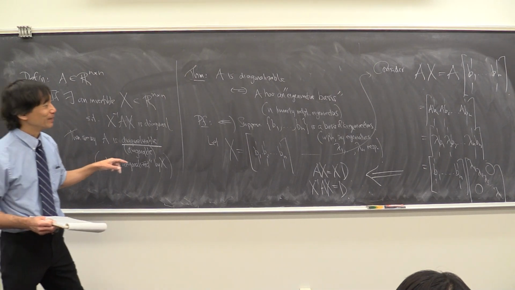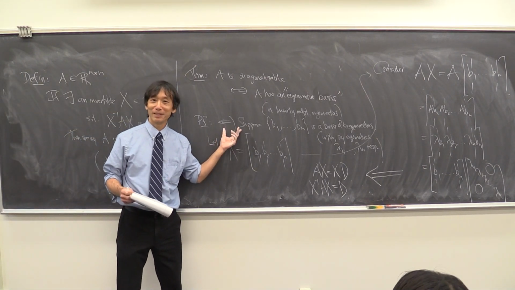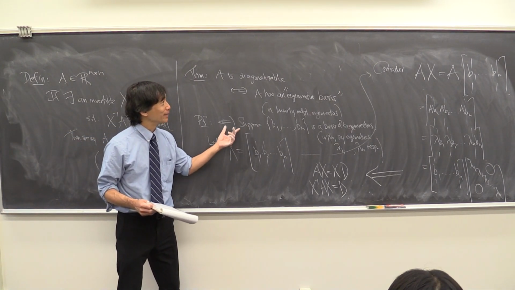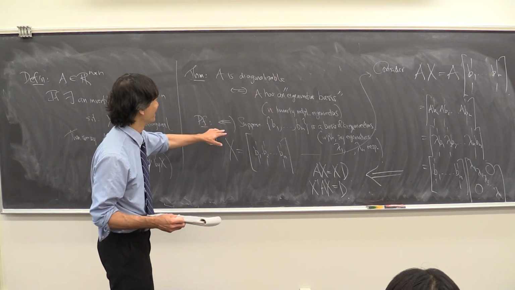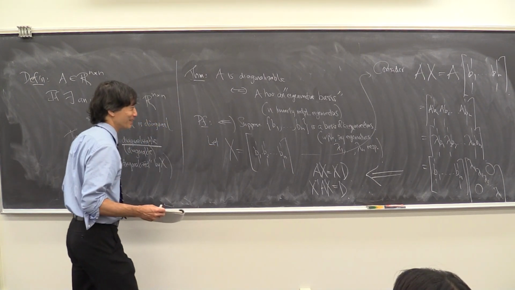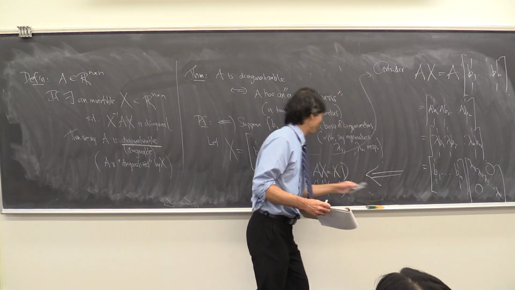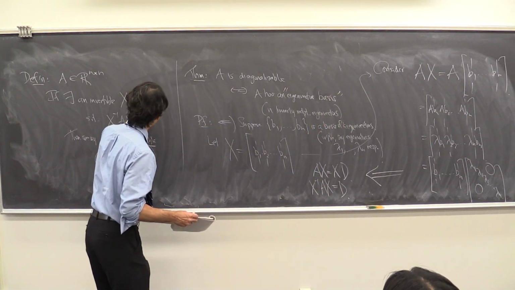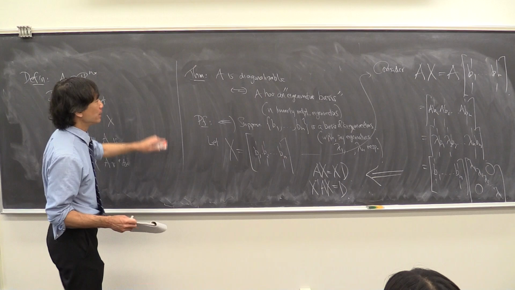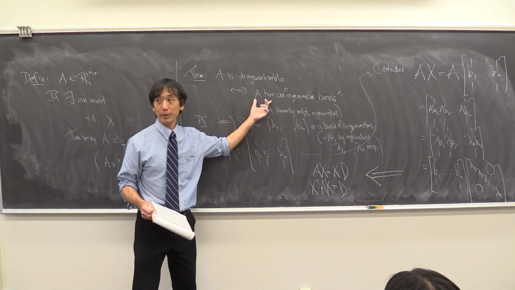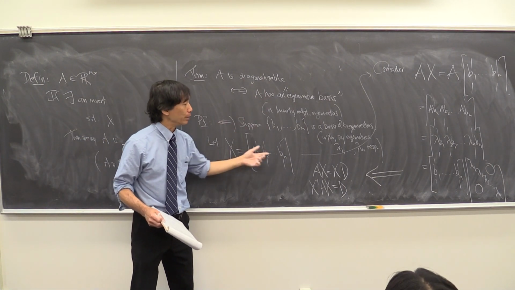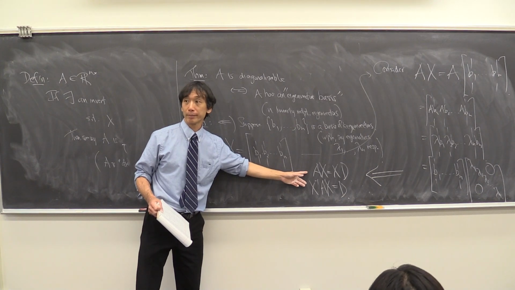Everybody okay with that? So that's the backwards direction: if you have an eigenvector basis, then your matrix is diagonalizable.